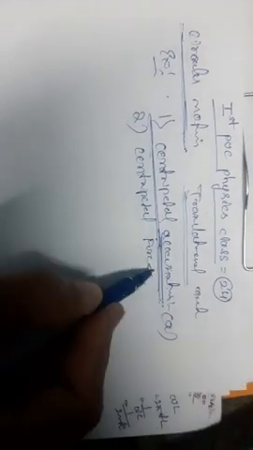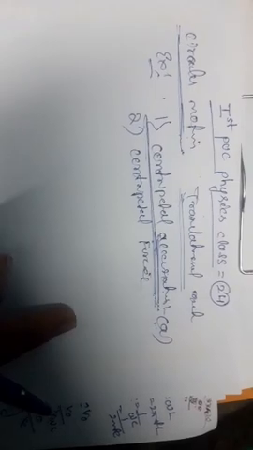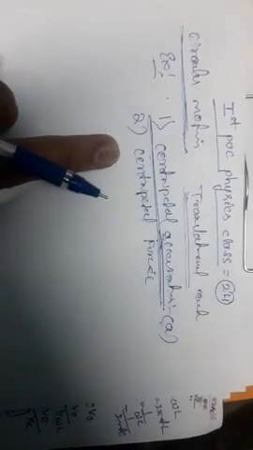The first concept is centripetal acceleration. Its symbol is small a, the representation of acceleration, and centripetal acceleration are both the same, small a. Centripetal acceleration is an acceleration acting along the radius towards the center of the circular path.